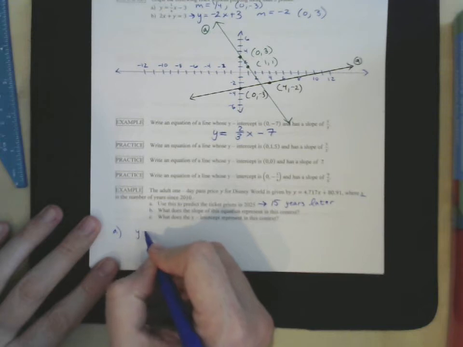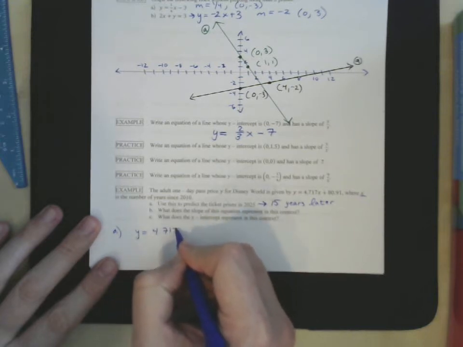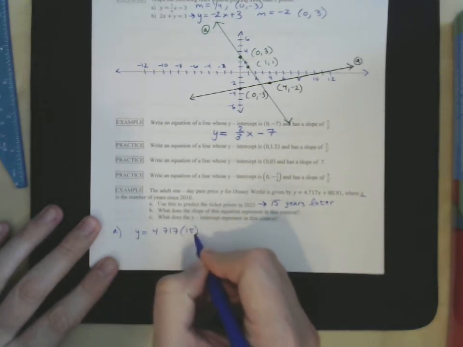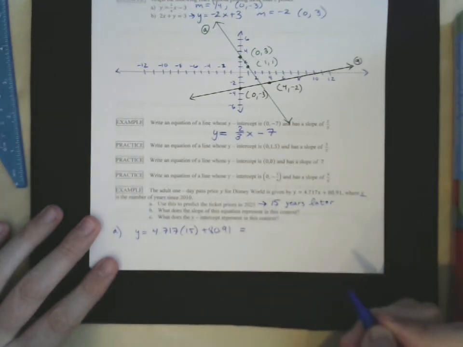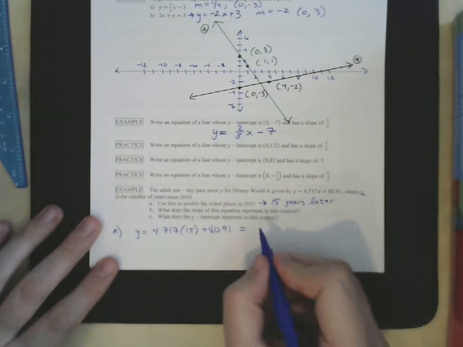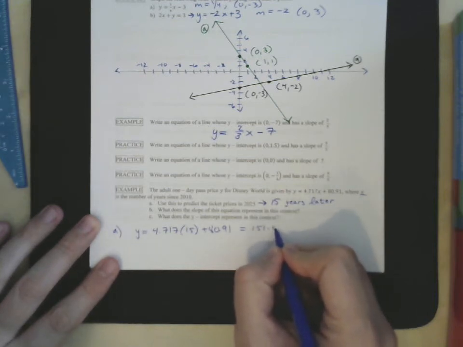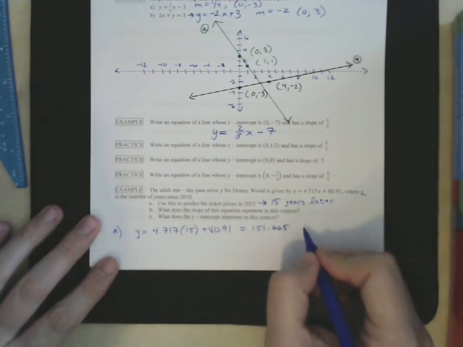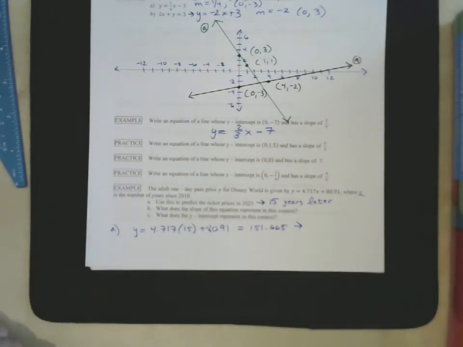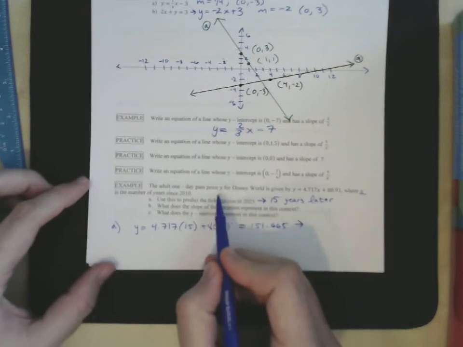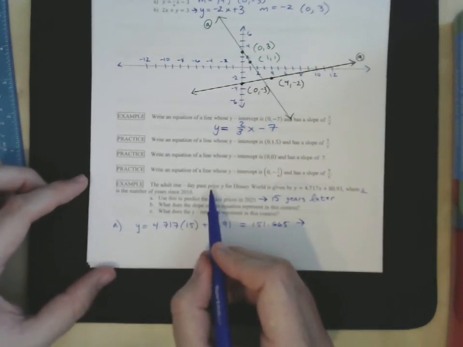So we're doing y equals 4.717 times 15 plus 80.91. And this, plugging it into the calculator, is 151.665. Now, as we talked about in the first section on word problems, every word problem, the answers need to have context. So what is this? Well, this is a y value. y is price, price in dollars.